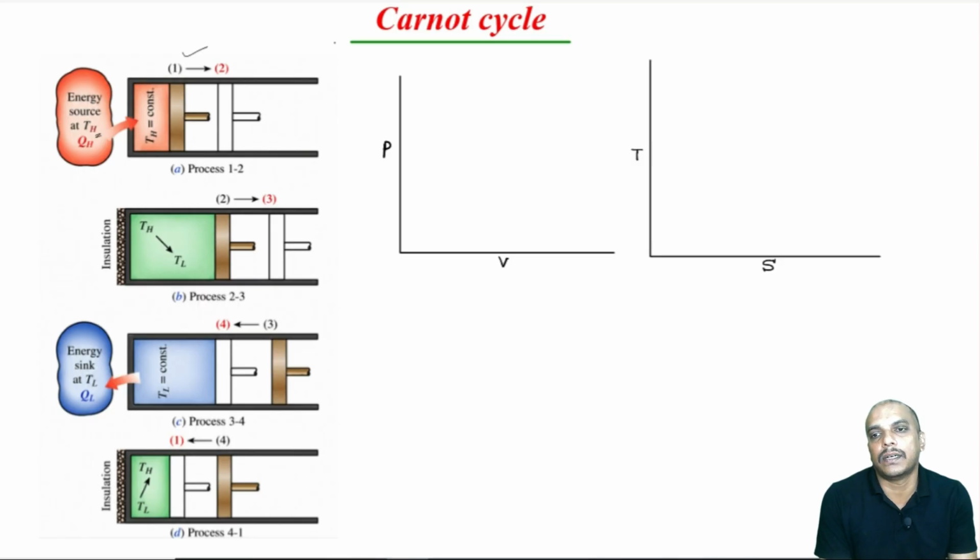That is quite difficult to imagine, because the moment we add the heat, the piston tries to move towards the right side, and temperature obviously will drop. However, it is assumed that the temperature of this source and the temperature of the air which is absorbing the heat are both at the same temperature.